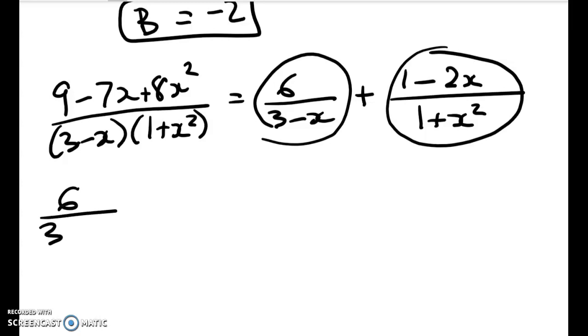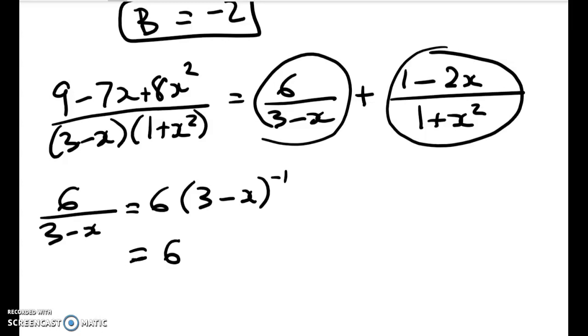So 6 over 3 minus x can be written as 6 times (3 minus x) to the power of negative 1. I'm forcing this into the pattern that I need for the binomial expansion to work. So I've got to have a 1 plus something to the power of something.